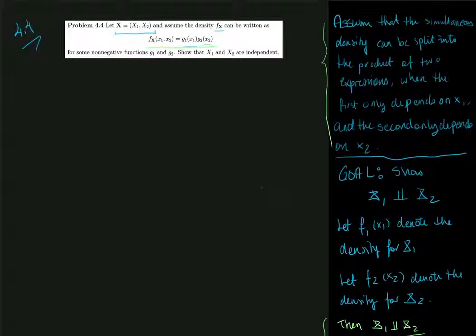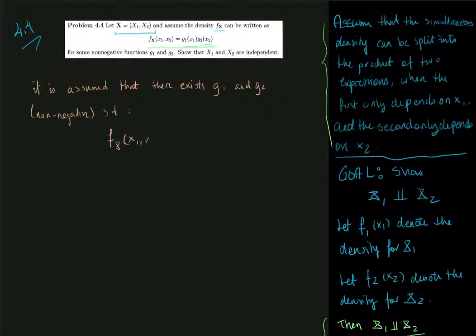So it is assumed that there exist g1 and g2 non-negative such that fx of x1, x2 is equal to g1 of x1 multiplied by g2 of x2, right?